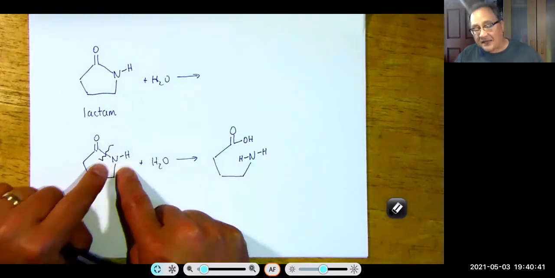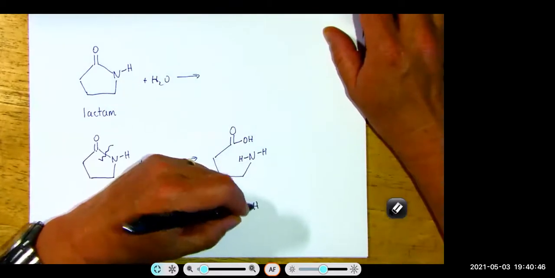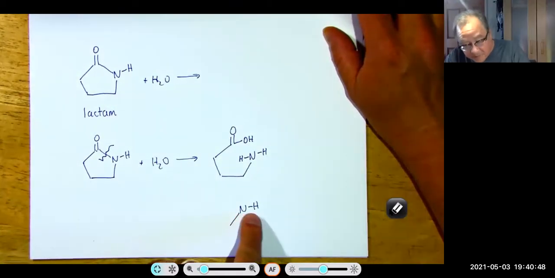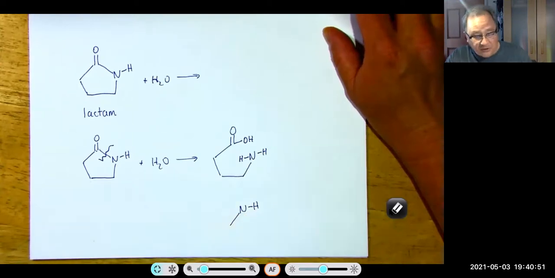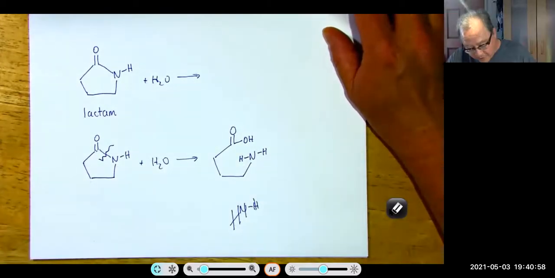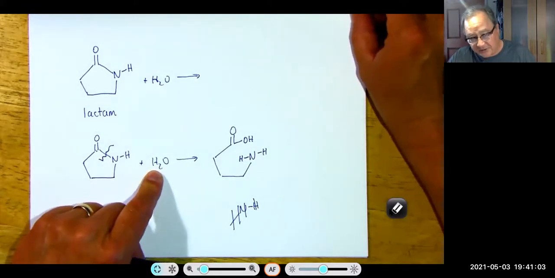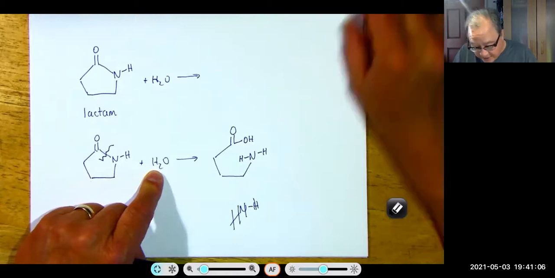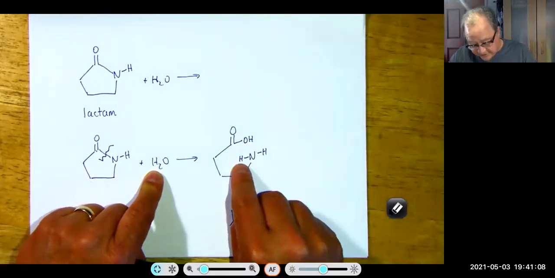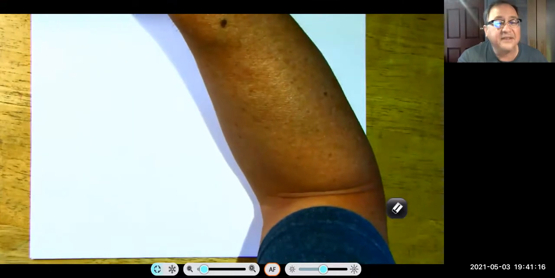So you have to add another one, because otherwise you would only have two bonds total to nitrogen. And we know nitrogen makes 3 bonds, right? So remember, when you add water, you need to account for both the H and the OH. And there's the OH, and there's the H. Fair enough? Yep.